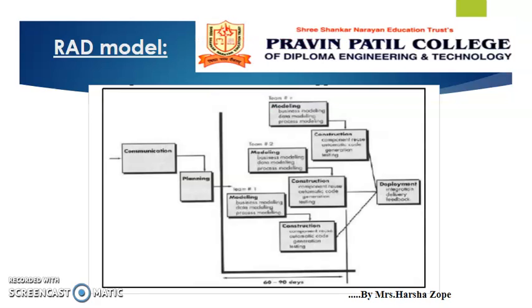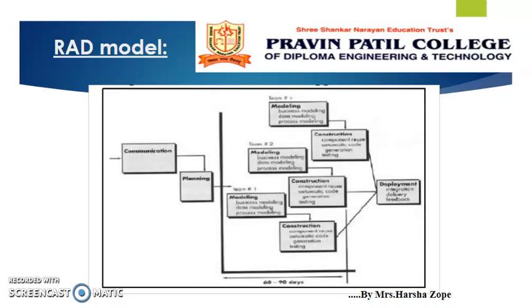Next we will study the RAD model. RAD is an incremental process model in which there is an extremely short development cycle. When the requirements are fully understood and the component based construction approach is adopted, then the RAD model is used. Using the RAD model, a fully functional system can be developed within 60 to 90 days.